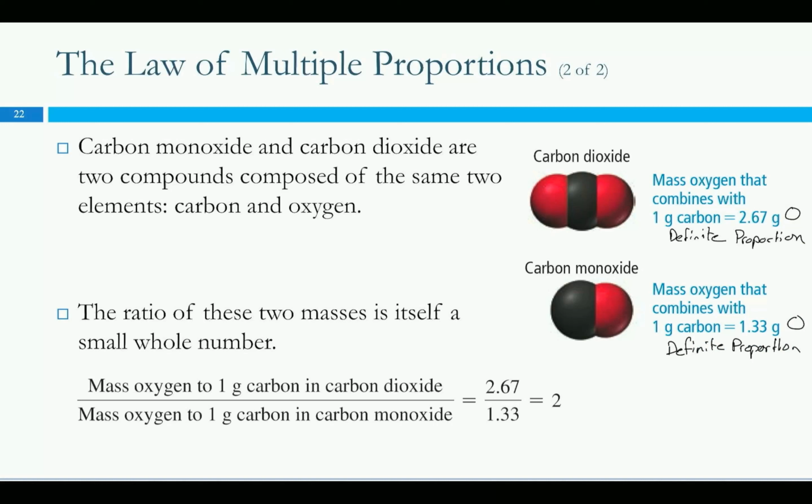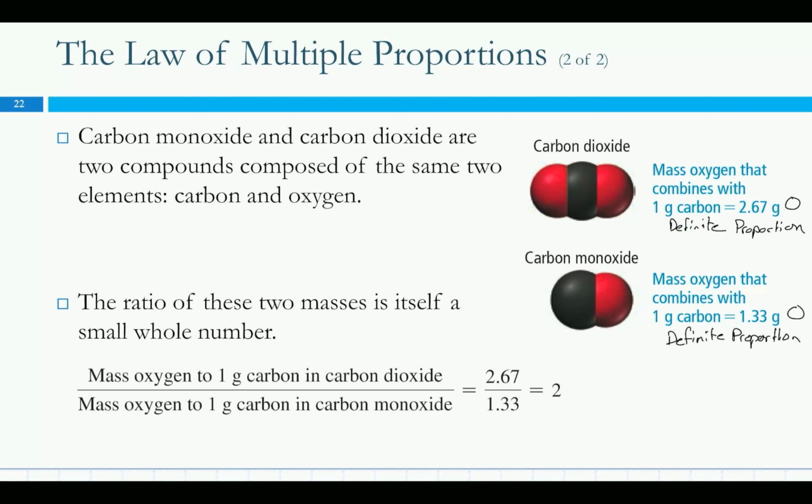If we compare these definite proportions of compounds that are made of both carbon and oxygen only, then the ratio of oxygen is going to be equal to 2. Because we set the other one to be carbon, which is just 1 gram.